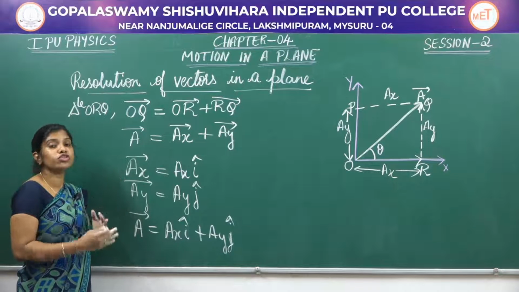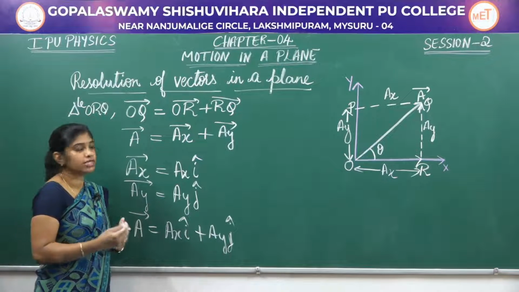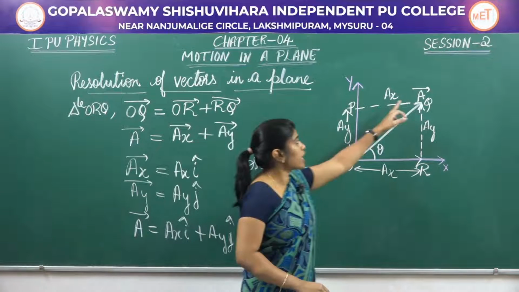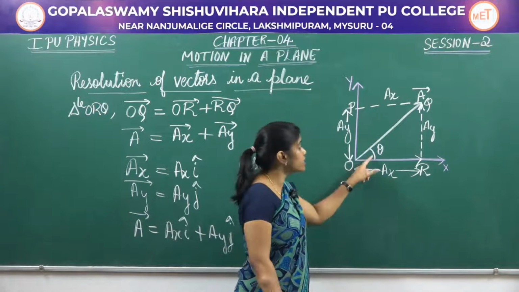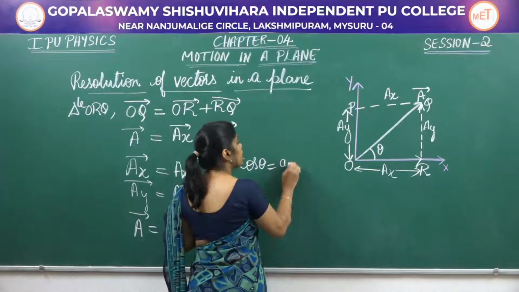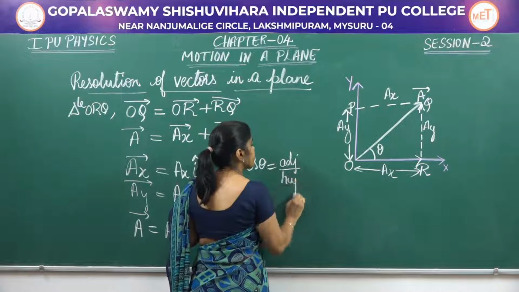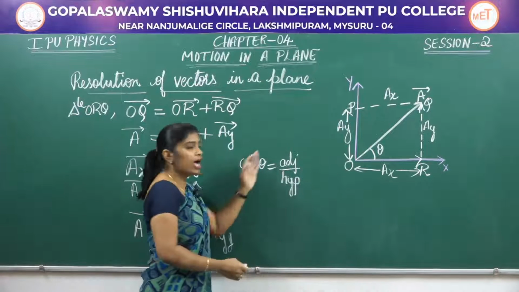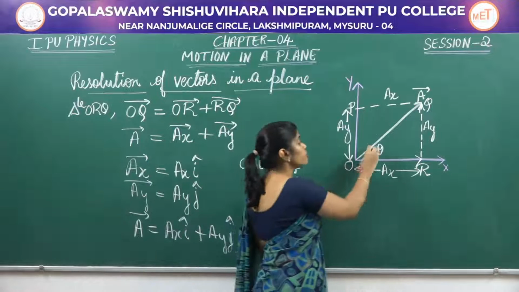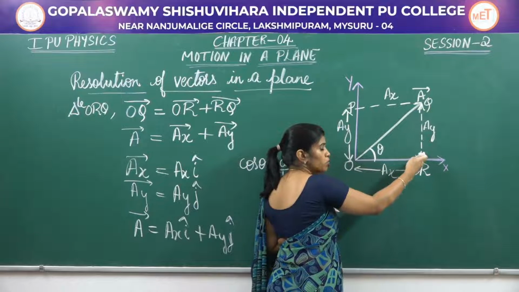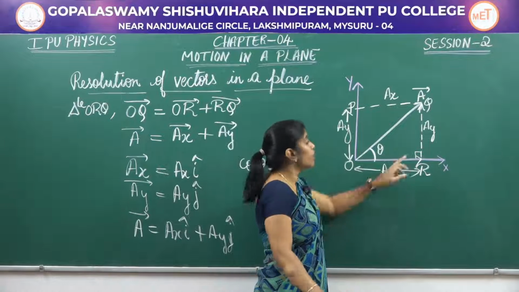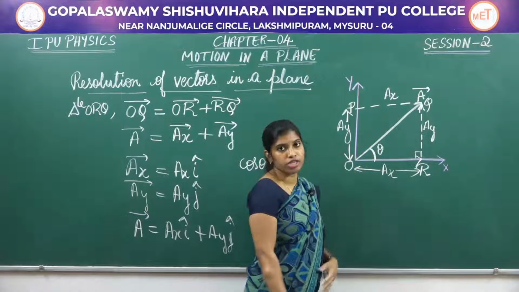In the next step, I am going to consider the trigonometric functions. First, let me see what is cos theta. Now in this right angle triangle, if this is theta, then what will be cos theta? As you all know, cos theta is adjacent by hypotenuse. If this is theta, this side is the opposite, this becomes the adjacent. Since this forms a 90 degree, therefore this will be the hypotenuse.